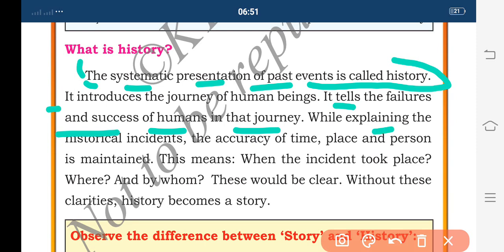When we are explaining a historical incident, the accuracy of time, place and person is maintained. This means when the incident took place, where and by whom would be clear. Without these clarities, history becomes a story.